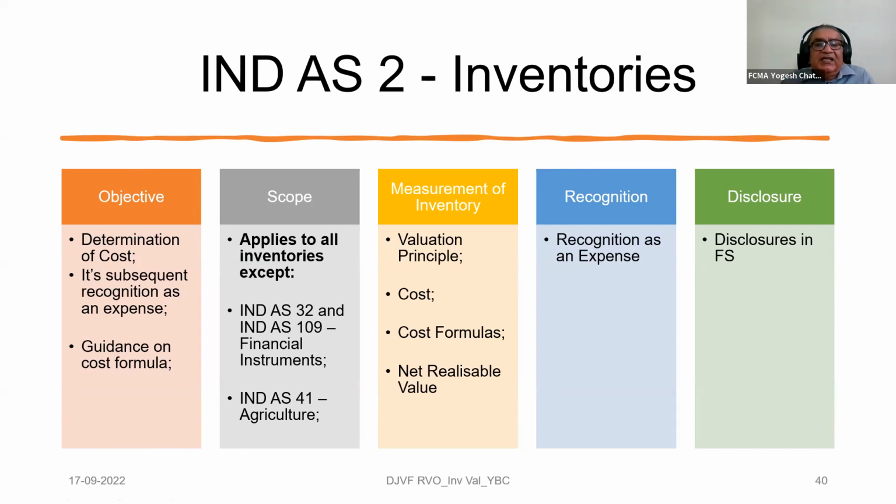And agricultural, because a separate accounting standard is there on agriculture, that is Ind AS 41. And this is the valuation principle, so how inventory measurement will be done. This is the inventory principle, that is cost formula and net realizable value. Guidance on this is provided, and recognition will be done as expense.